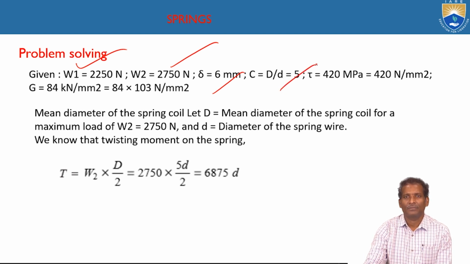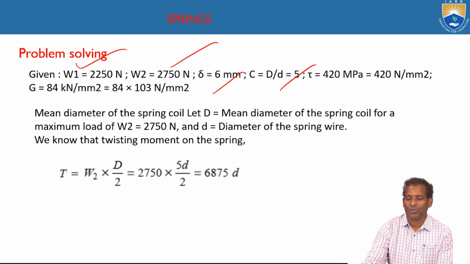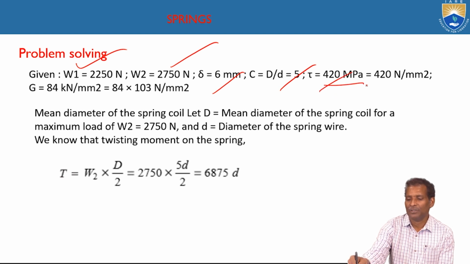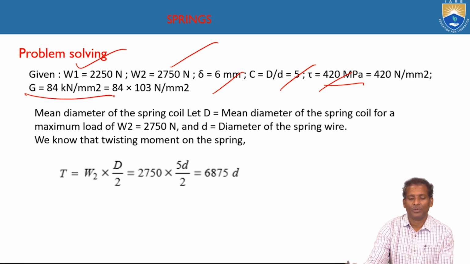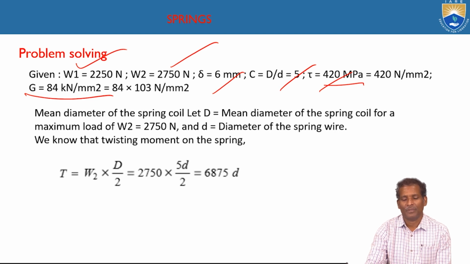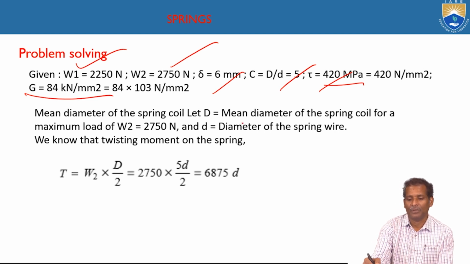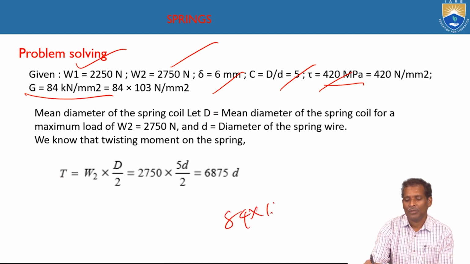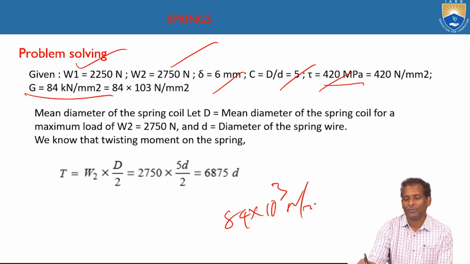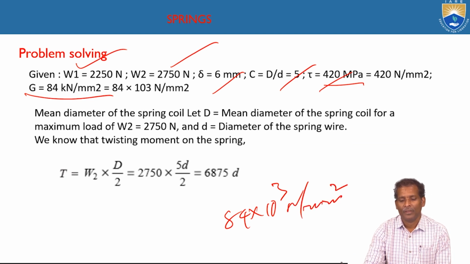The shear stress value is 420 megapascal, so you can convert it into 420 newton per mm squared. G is 84 kilonewton per mm squared, which in terms of mm squared is 84 times 10 cube newton per mm squared.